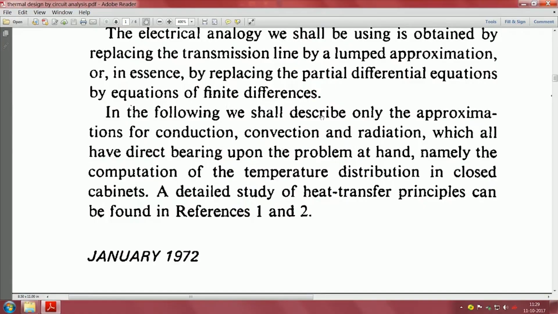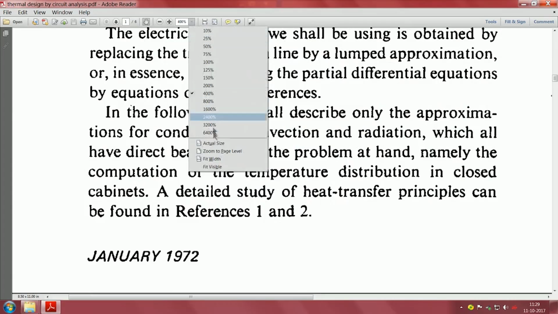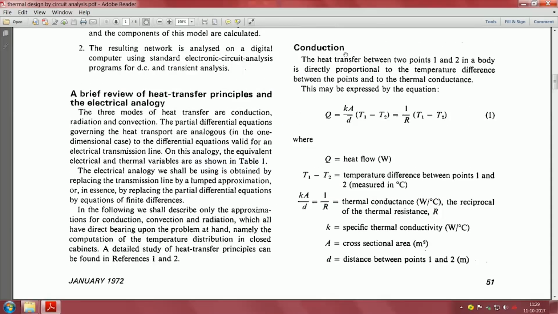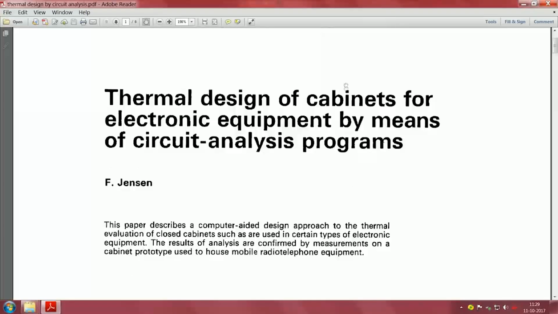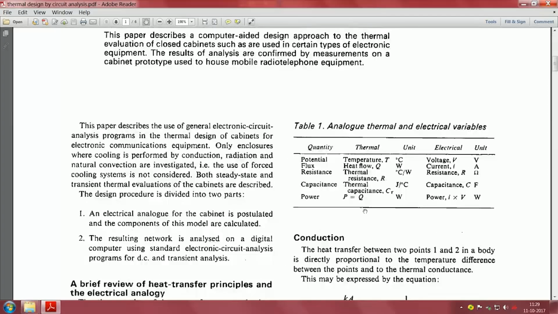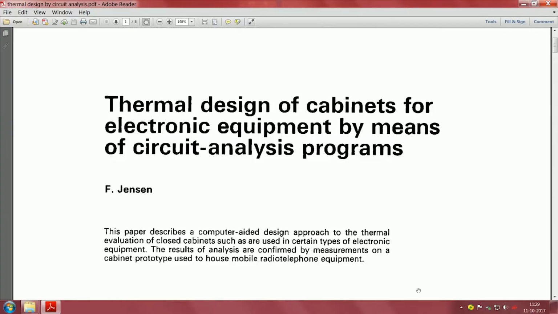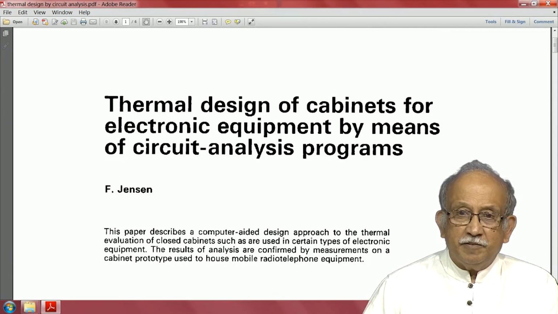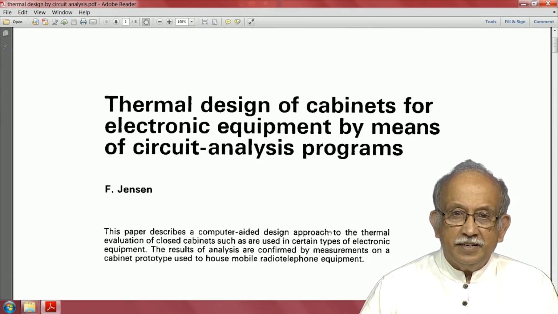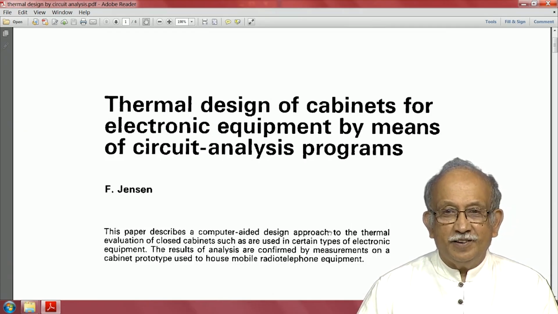I did not make it, but I could retrieve it. It did not get scanned. Anyway, these people were the pioneers who worked on solving these problems long ago.